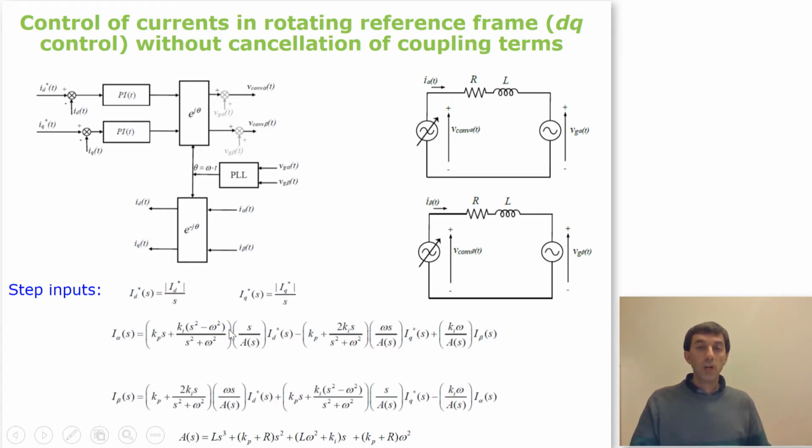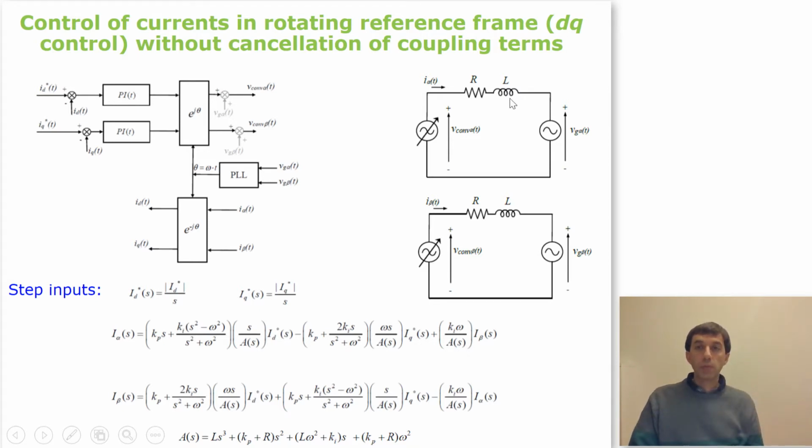And again, we have one term multiplying the D reference current, we have another term multiplying the Q reference current, and we have the coupling beta in alpha and alpha in beta. And here, as we are not cancelling the coupling terms, these two terms, compared with the previous control again, are different.